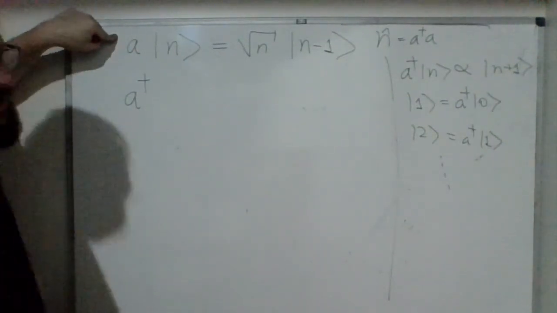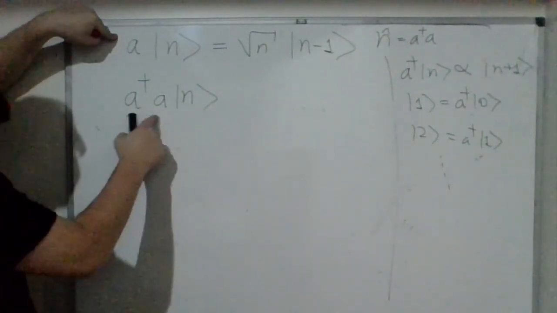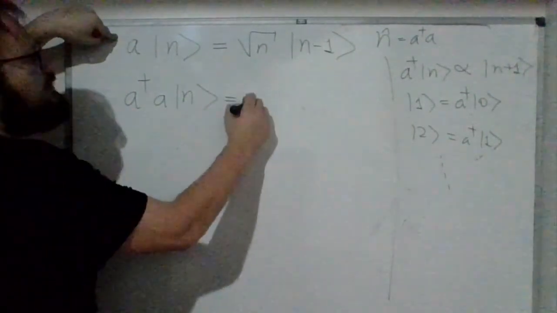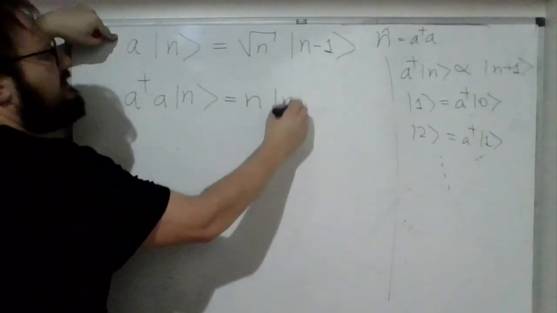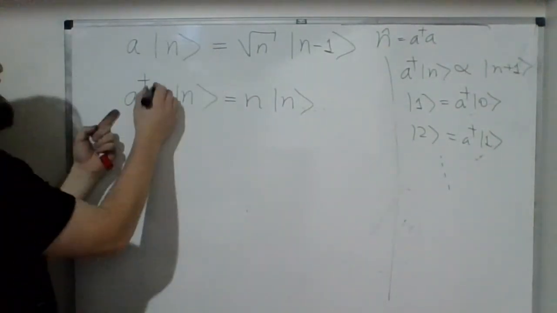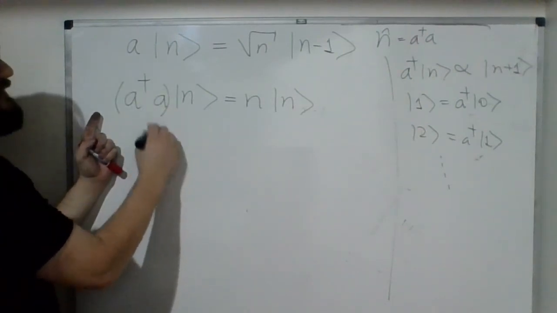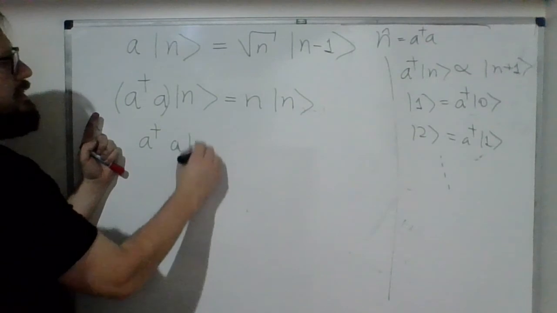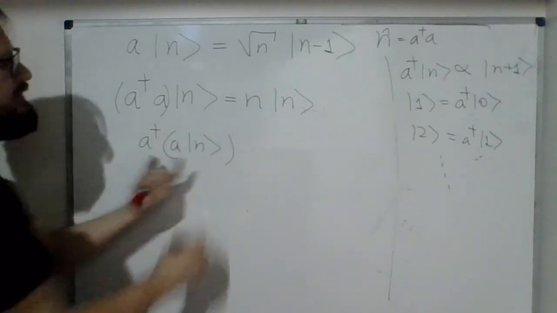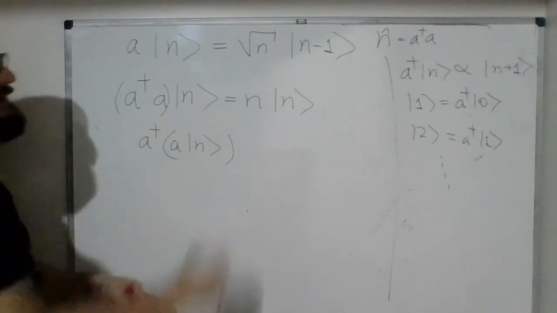But now see that I can apply this to the state: A dagger A to n produces n and repeats the eigenvalue. But notice that, since this is the number operator, I can associate in a different manner, this way here, all right?